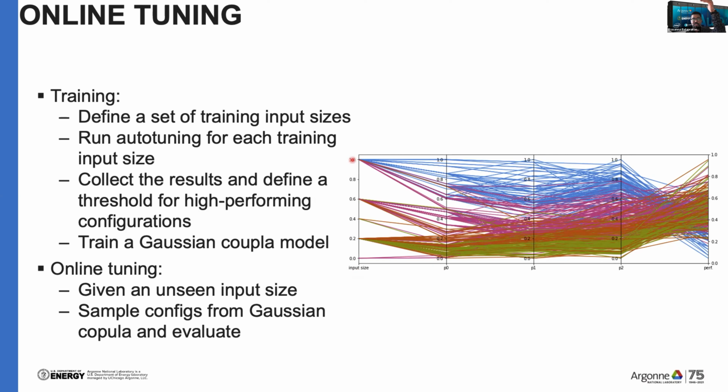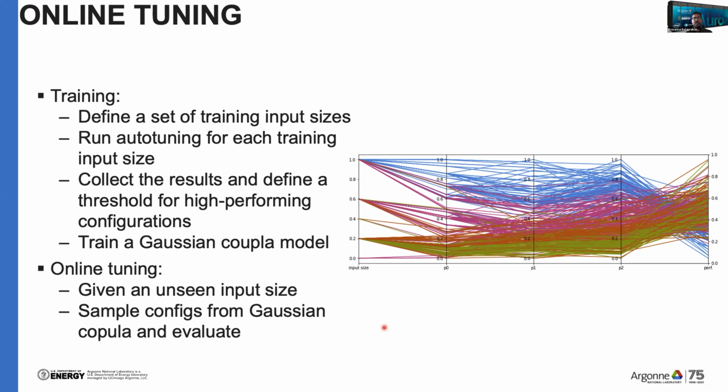Once we capture the correlations across input sizes, given a new input size that we haven't seen, we can use this model to predict a high performing configuration for parameters P0, P1, P3. We can also predict its performance, if we fit the model with respect to performance as well. So this is the key idea.